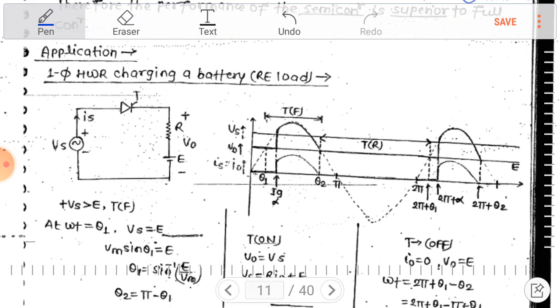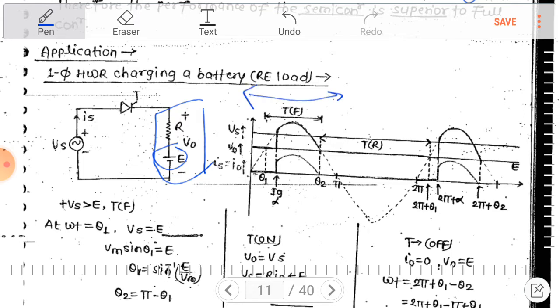Next one is single phase half wave charging a battery. Here the load is resistance and battery with voltage E. Here only one thing we have to understand, that in resistive and RL load there was no battery connected at the load side, so thyristor was turning on in forward bias period from 0 to pi.